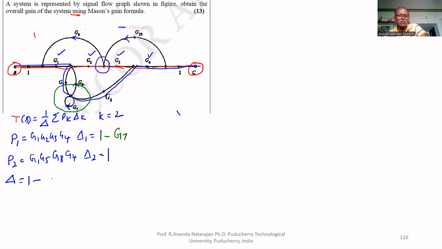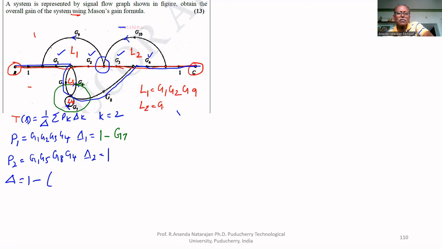Delta equal to 1 minus sum of gain products of individual loops. Loops are L1, this is loop 1, loop 2, loop 3, loop 4. L1 equal to G1, G2, G9.